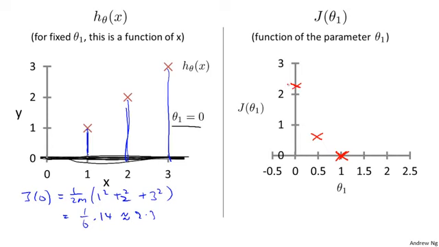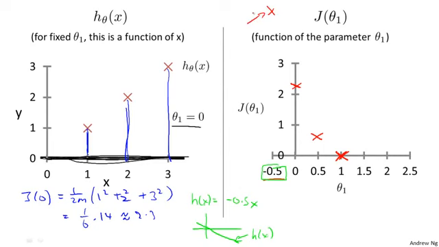And of course, we can keep on doing this for other values of theta 1. It turns out that you can have negative values of theta 1 as well. So if theta 1 is minus 0.5, then h of x would be equal to minus 0.5 times x. And so that corresponds to a hypothesis with a slope of negative 0.5. And you can actually keep on computing these errors. For minus 0.5, it turns out to be a really high error.